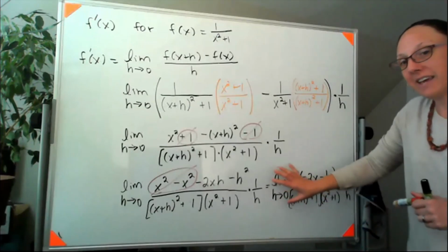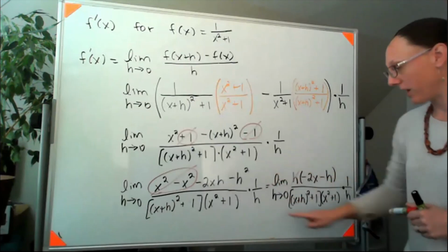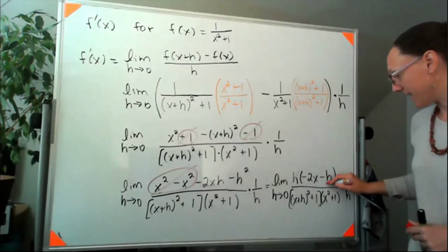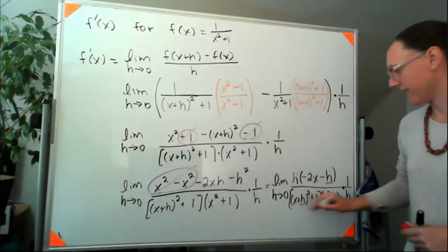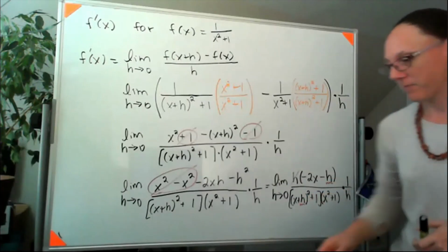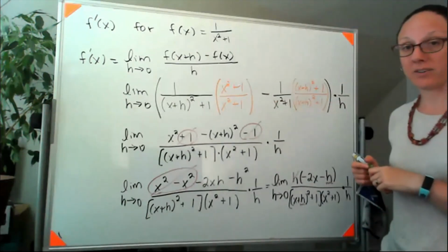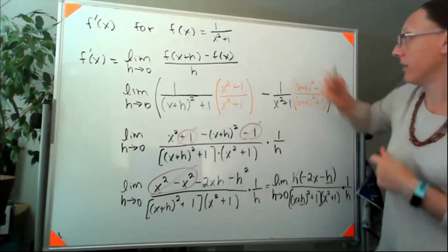And I'm ready to take every h in this limit and replace it with a 0. So I'm going to replace this h with a 0 and this h with a 0. And I don't know where else to put it, so I'm going to put it up here.